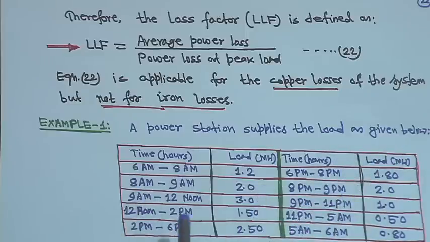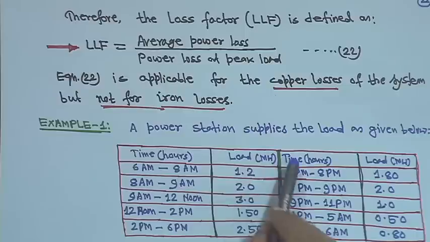The time duration is given. 6 am to 8 am, load is 1.2 megawatt; 8 am to 9 am, 2 megawatt; 9 am to 12 noon, 3 megawatt; 12 noon to 2 pm, 1.5 megawatt; 2 pm to 6 pm, 2.5 megawatt; 6 pm to 8 pm, 1.8 megawatt; 8 pm to 9 pm, 2 megawatt; 9 pm to 11 pm, 1 megawatt; 11 pm to 5 am, 0.5 megawatt; and 5 am to 6 am, 0.8 megawatt.